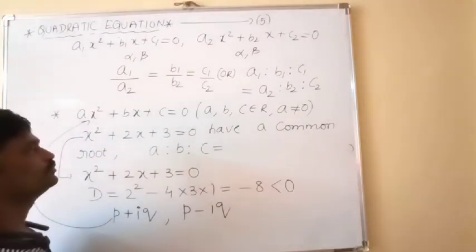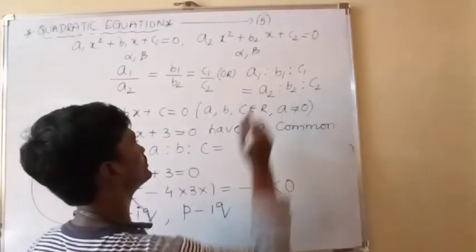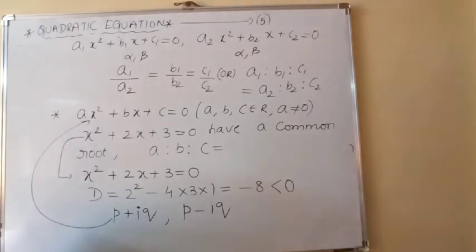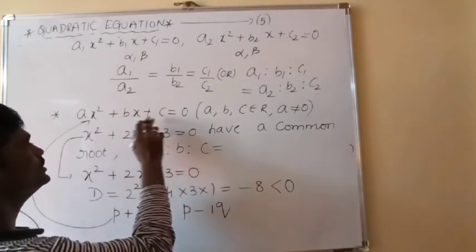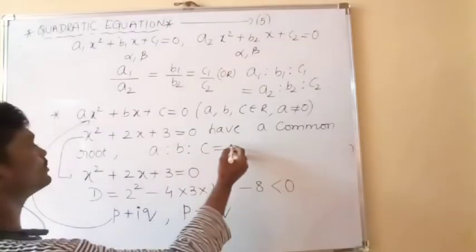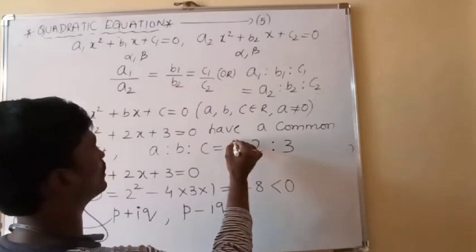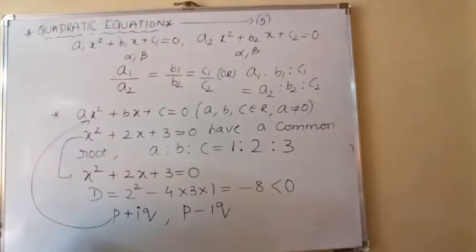The condition for both roots common is a1 is to b1 is to c1 is equal to a2 is to b2 is to c2. That is, a is to b is to c is the same as the coefficients here, 1 is to 2 is to 3. So that was the solution.